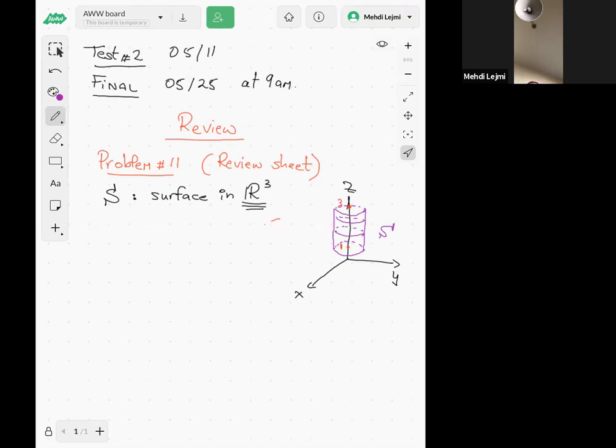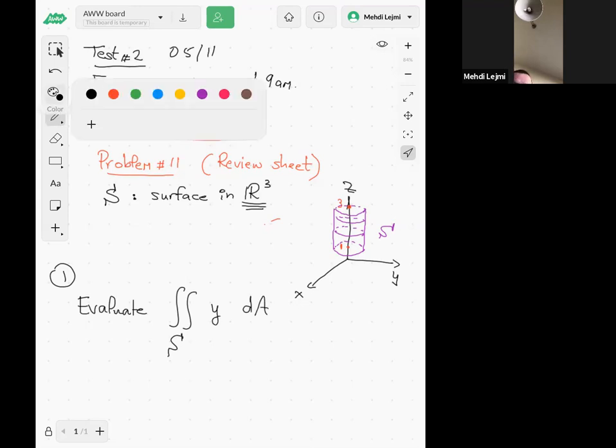Anyway, the first one we have is a scalar surface integral, because first you have to evaluate the integral over S of y dA. Inside the integral, it's a function.